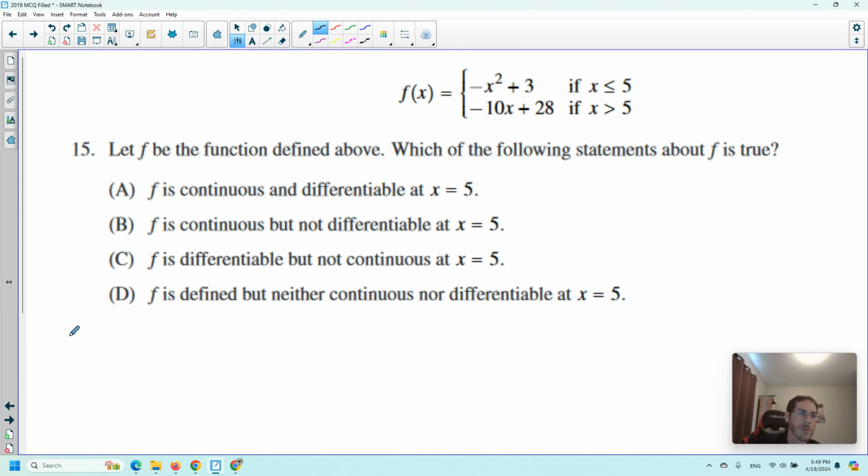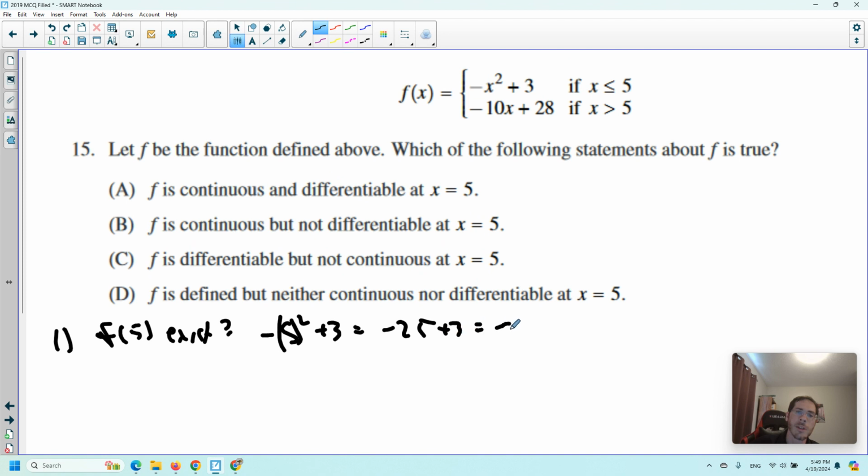So what we got to do is we got to find out for continuity, 1, does f of 5 exist? Yes, because x has to be less than or equal to 5, and we've got negative 5 squared plus 3. Negative 25 plus 3 is negative 22. So unfortunately, we've passed step 1.